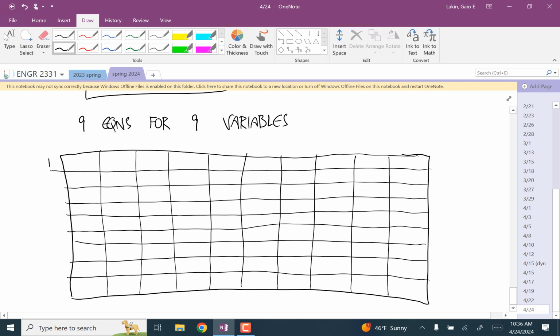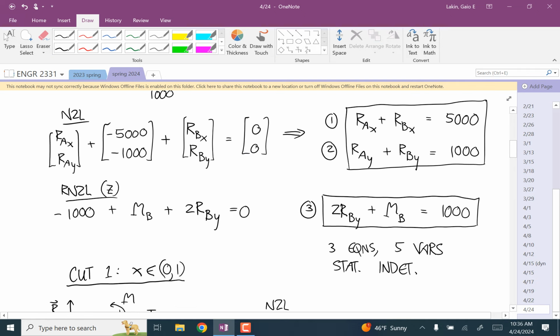Okay, so the equations: 1, 2, 3, 4, 5, 6, 7, 8, 9. And the variables are RAX, RAY. We do have RBX and stuff in there, right?